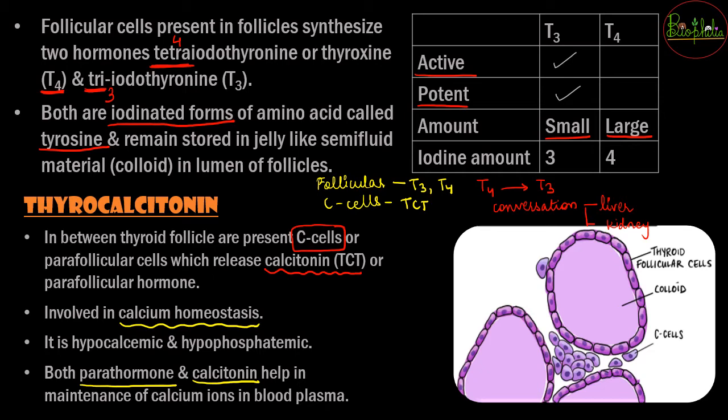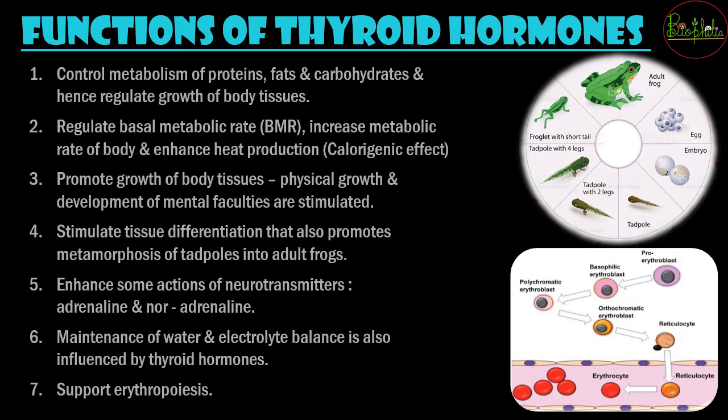Calcitonin is hypocalcemic and hypophosphatemic, that is, it lowers calcium levels, and phosphorus levels are also reduced by calcitonin. Next we see the functions of thyroid hormones.